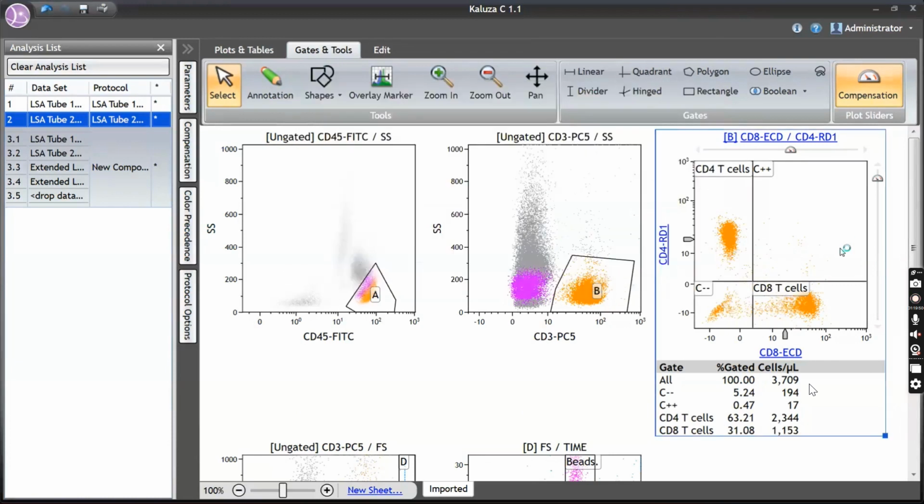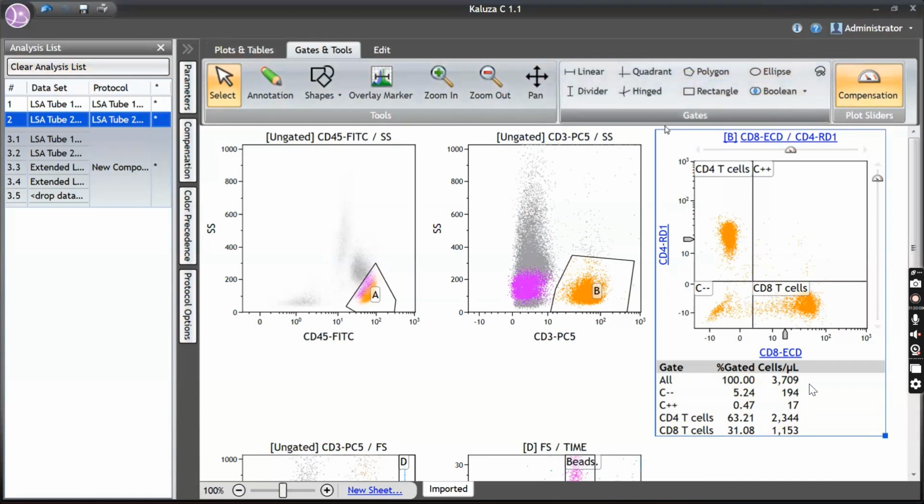Okay, now you can check it. CD4 absolute count is 2344 cells per microliter, and CD8 absolute count is 1153 cells per microliter. Clear? Any doubts? So that's how you do a simple basic lymphocyte subset analysis.